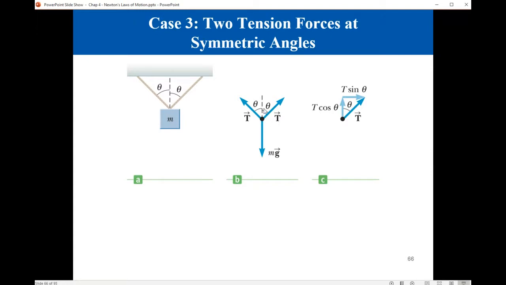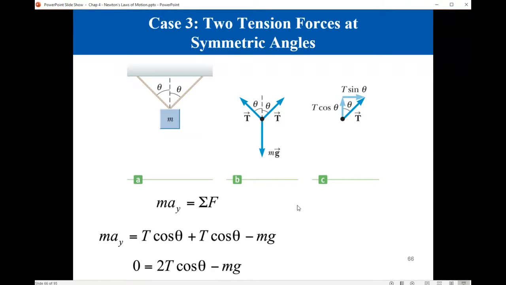We end up with only the vertical components, T cosine theta plus T cosine theta. Since there is no motion, acceleration along y is zero. Therefore, 2T cosine theta minus mg equals 0, so 2T cosine theta equals mg, or T equals mg divided by 2 cosine theta.